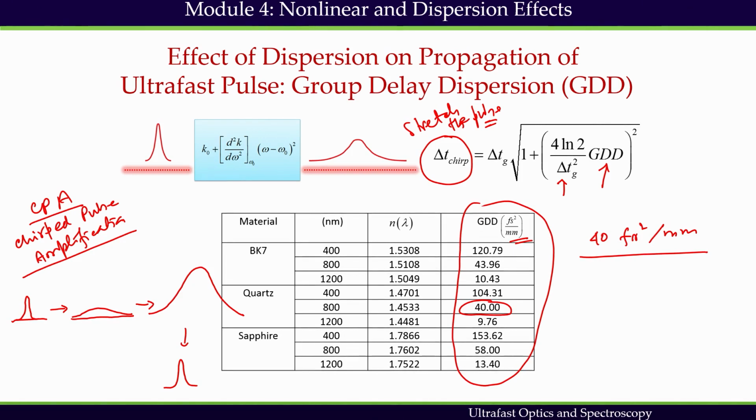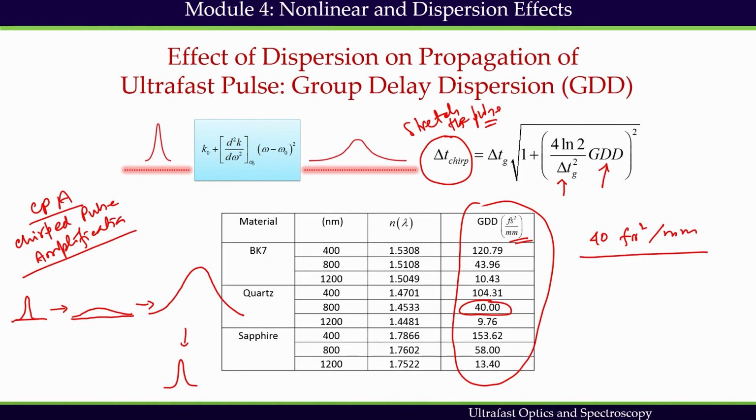CPA scheme can increase the energy of a short pulse while avoiding very high peak power in the laser amplification process. This is done by lengthening the duration of the pulse before amplification. Before injection into the amplifier, the short pulse is stretched in time by introducing a frequency chirp into the pulse, which increases the duration of the pulse by a factor of 10 to the power 3 to 10 to the power 4.